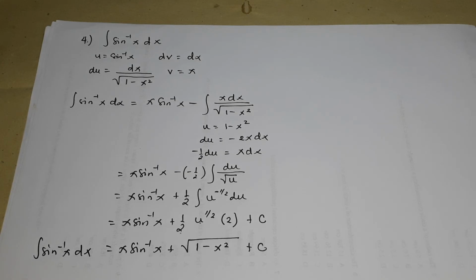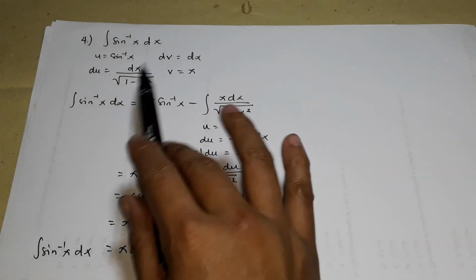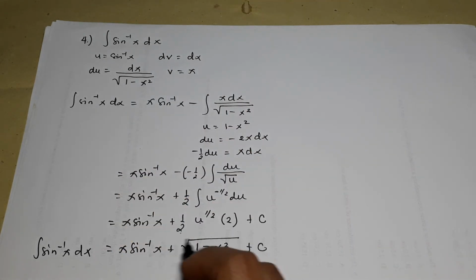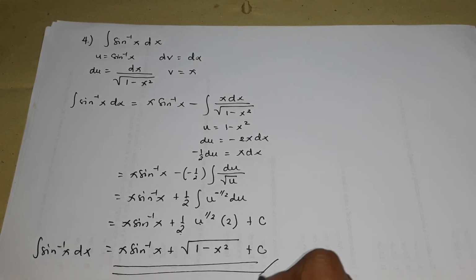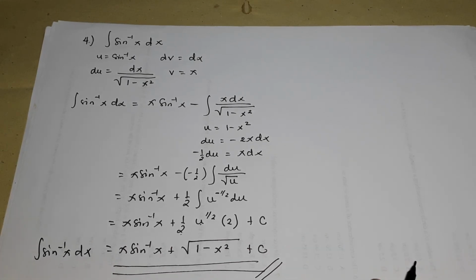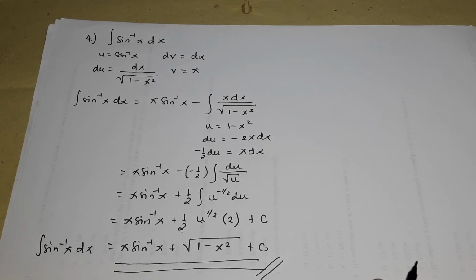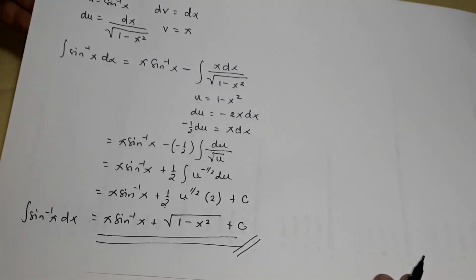So technically, if you were given an integrand containing arc sine of x, then you may no longer use the integration by parts procedure, because we have already generated a direct formula for the integral of arc sine x dx. Okay, let's have some more.